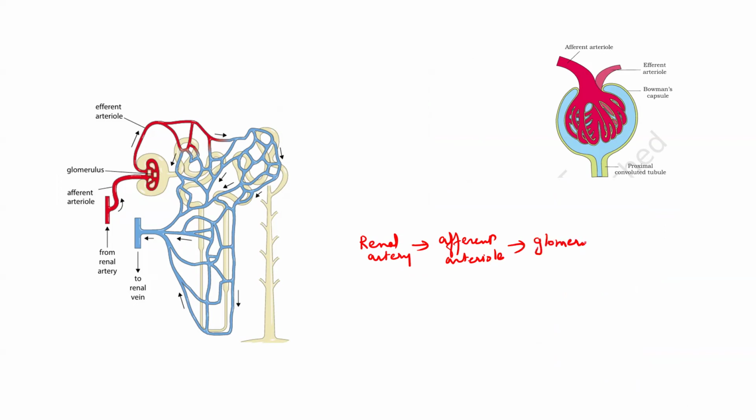The glomerulus is a capillary, which should actually make a vein, but it again makes an arteriole, the efferent arteriole. And the efferent arteriole gives rise to another capillary, that is the peritubular capillary, which unites to form the renal vein.